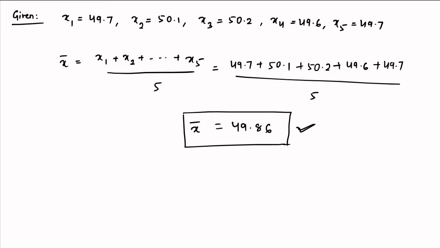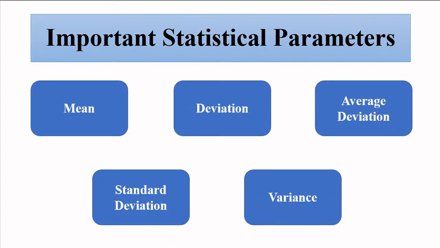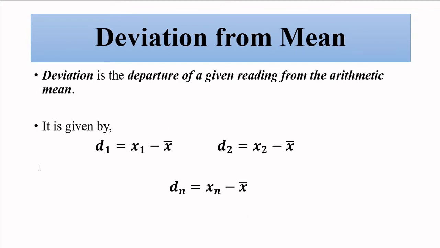So another parameter is deviation, that is deviation from the mean value. It is the departure of a specific reading from the arithmetic mean value. Okay, so it is given by, for a specific reading, let's say for the first reading, the deviation d1 is x1 minus x bar.